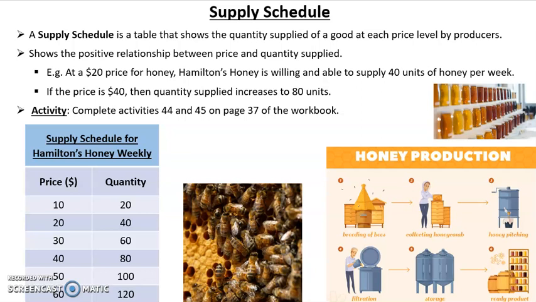So it shows the law of supply in terms of that positive relationship between price and quantity supplied. If we cast our eyes to Hamilton's Honey weekly supply schedule, we'll see that as the price rises from $10 through to $60, the quantity supplied will also increase from 20 to 120.